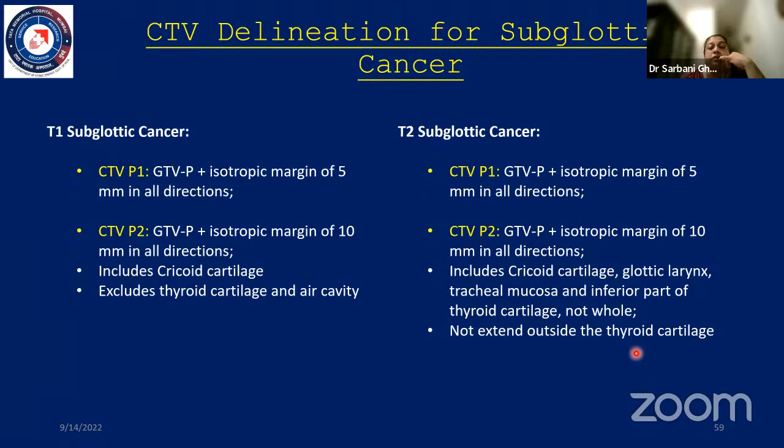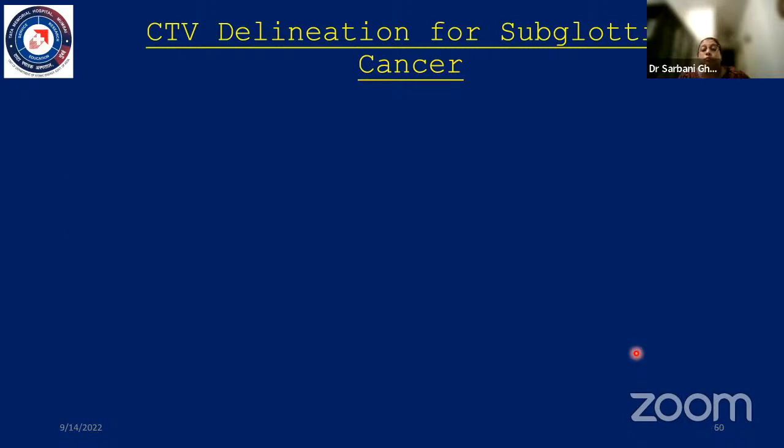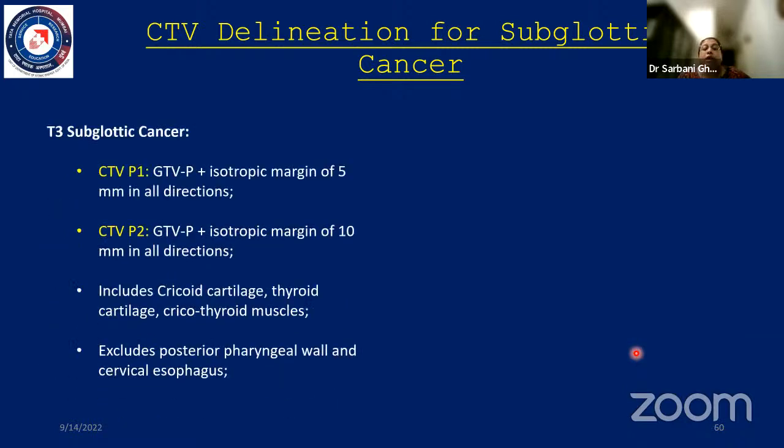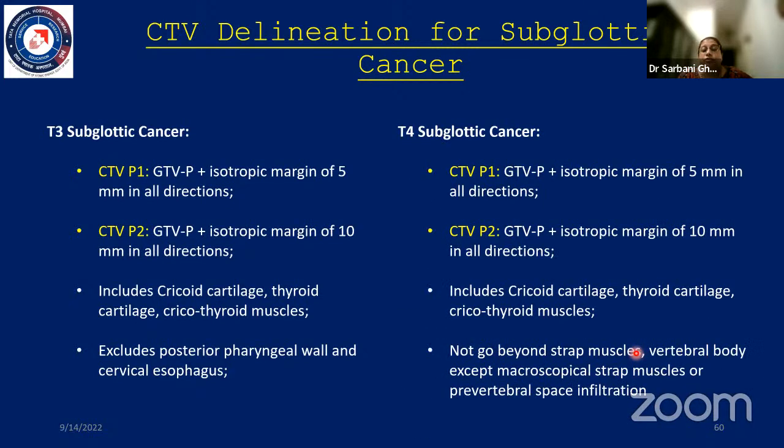For subglottic disease, which is T2, again includes the cricoid cartilage, glottic larynx, tracheal mucosa, inferior part of the thyroid cartilage. Now for supraglottic and subglottic disease, you need to know that there is a finite incidence or chance of submucosal involvement, and you may have to give craniocaudally extra margins.